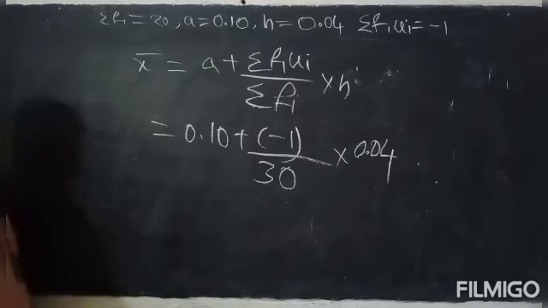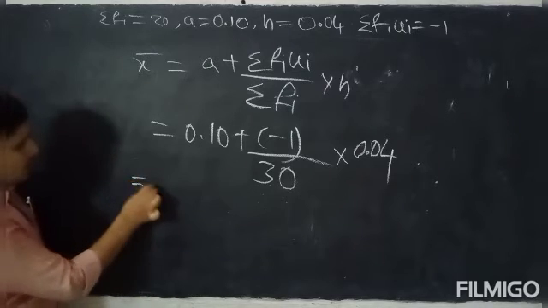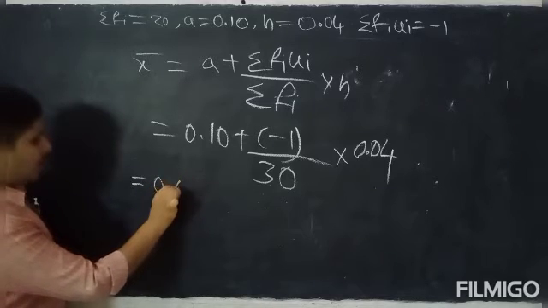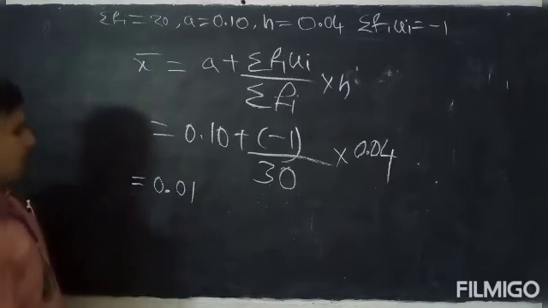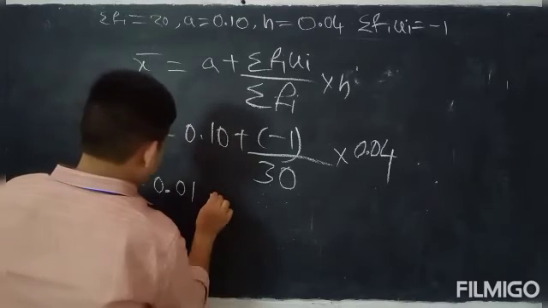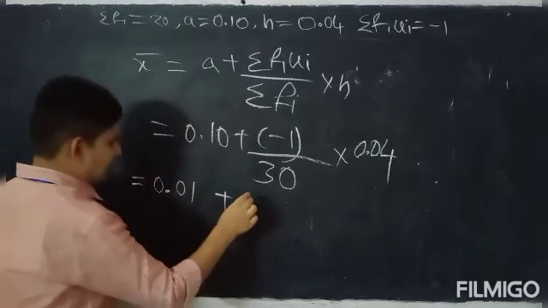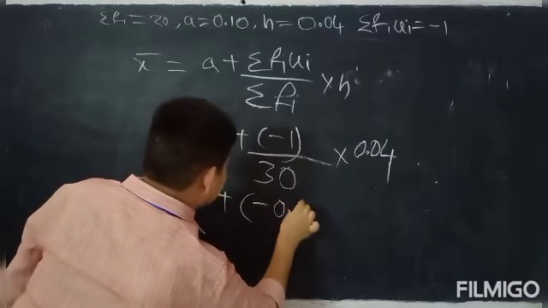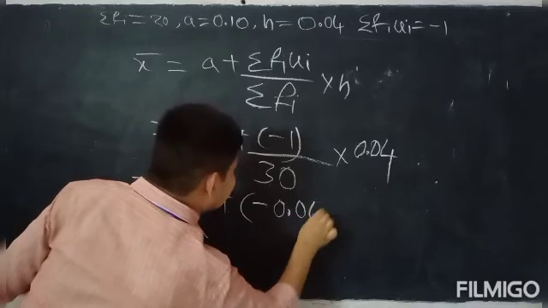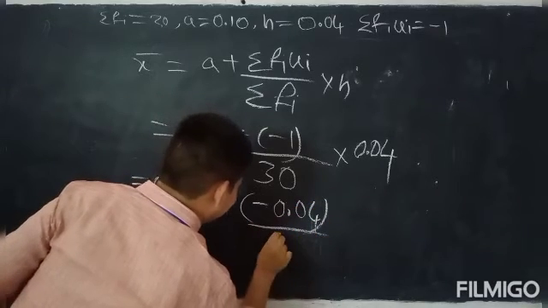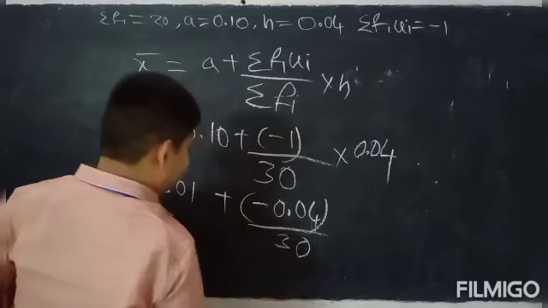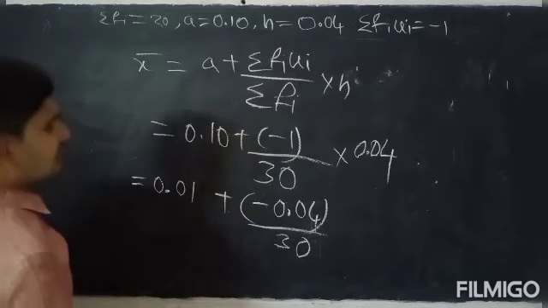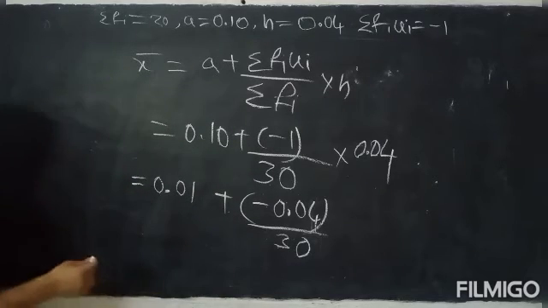Now what we have to do? 0.10 plus minus 1 into 0.04 by 30. Okay, now what do you do? You take LCM.